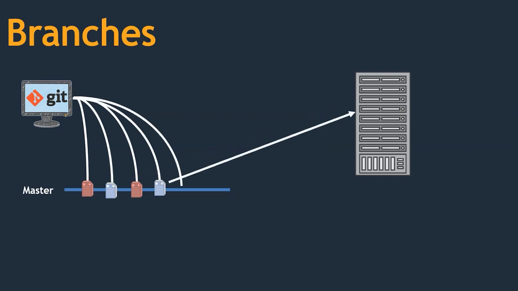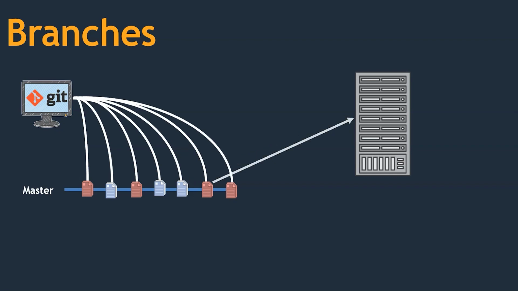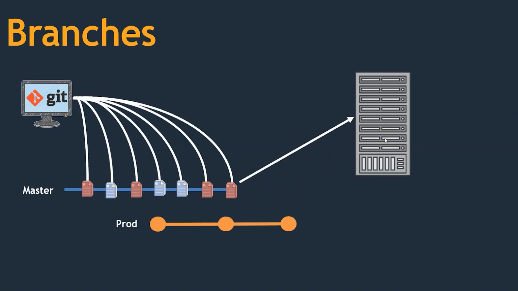And each time we do a commit, we are not sure whether this code is going to work on the server or not. Then there is no point in deploying each piece of code, right? That is where branches come into the picture. If we create a new branch, only push working code onto that branch, and deploy from the new branch, it is a more efficient way of handling this, right?